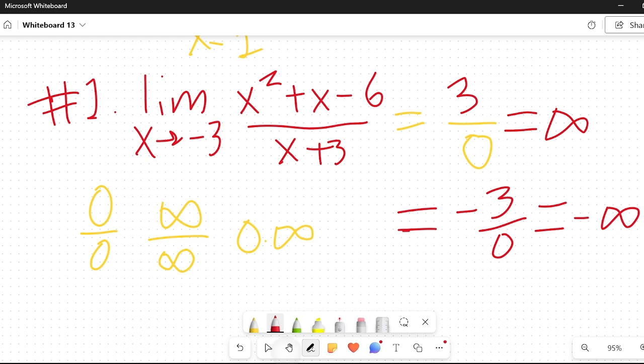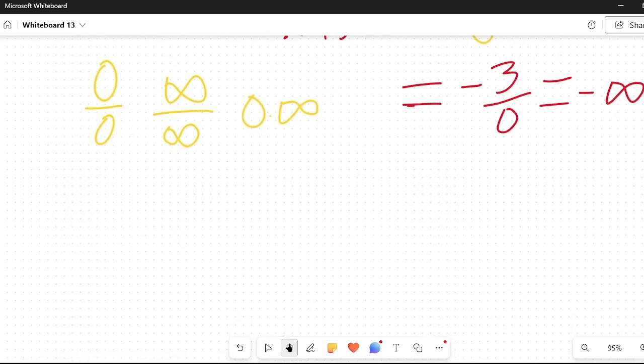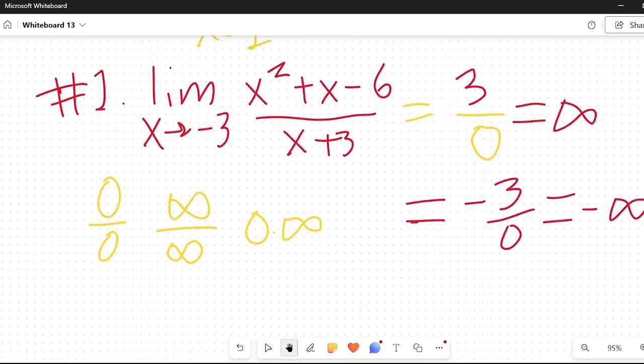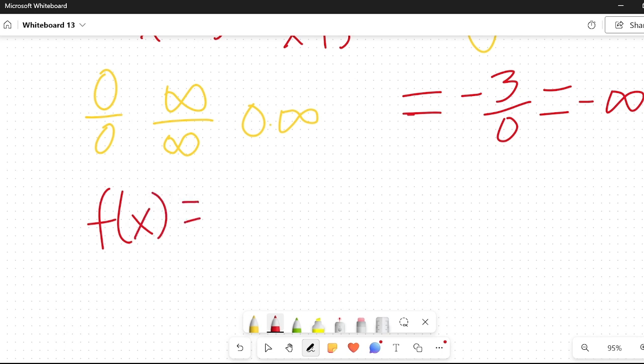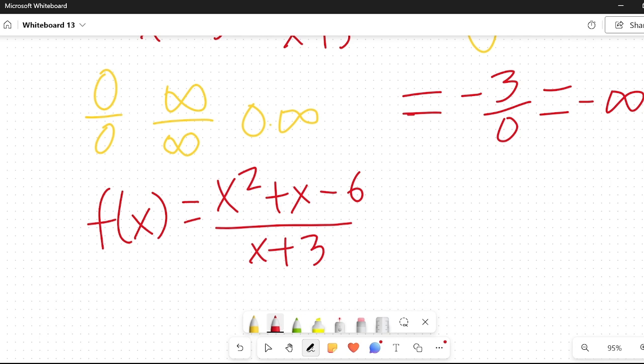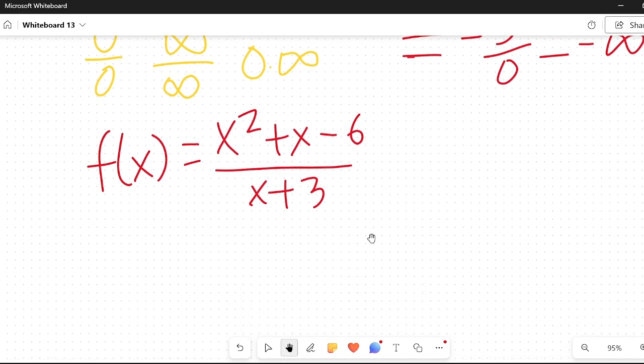So now let's move on and get into this problem. We have f of x equals (x squared plus x minus 6) over (x plus 3). Let's try to define a function g of x, because we know that f doesn't exist at x equals -3.